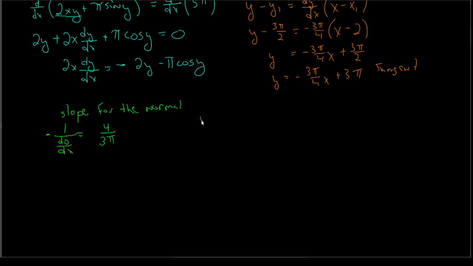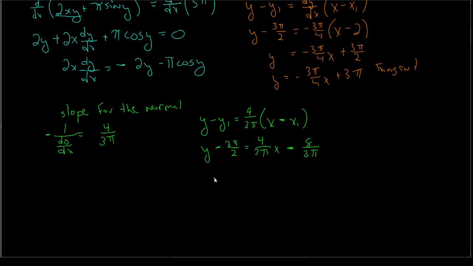And so our line for the normal is y minus y1 equals 4 over 3π times x minus x1, which is 2. So y minus 3π/2 equals 4 over 3π x minus 8 over 3π.